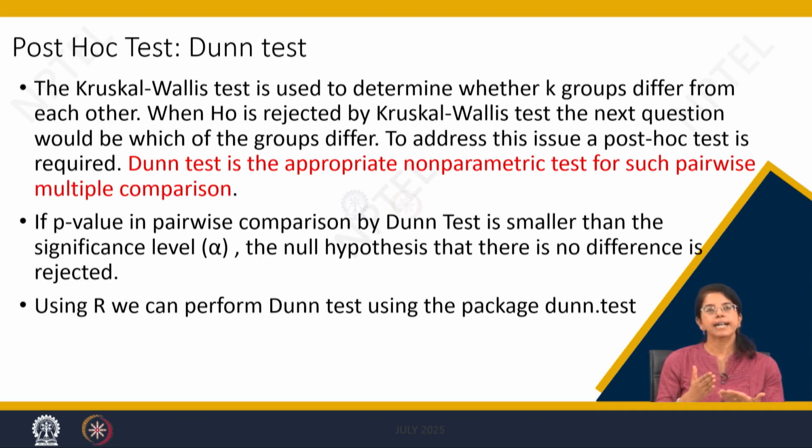When you are saying that H naught, the null hypothesis, is rejected, that means mu1, if mu1 is the median of the first group, mu2 the median of the second group and mu3 the median of the third group, they are different. But which equality turns out to be an inequality?